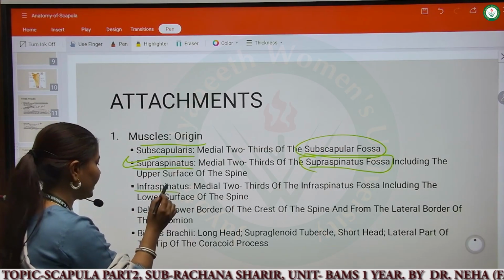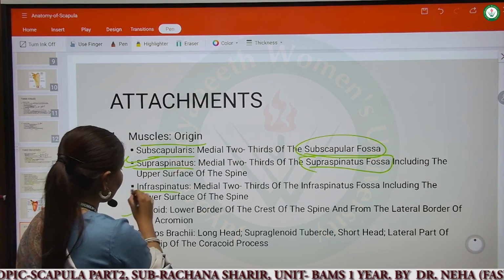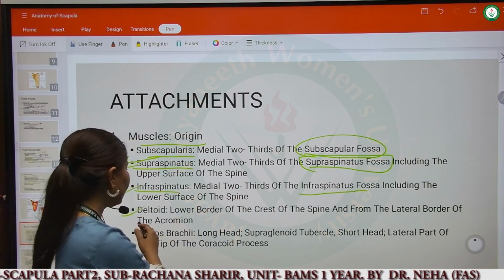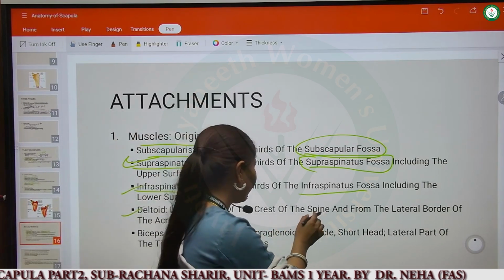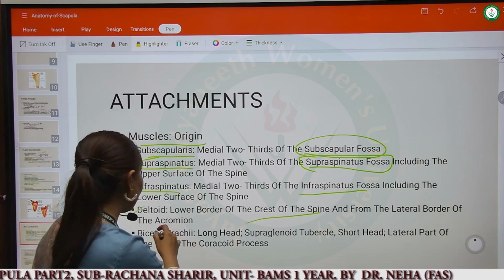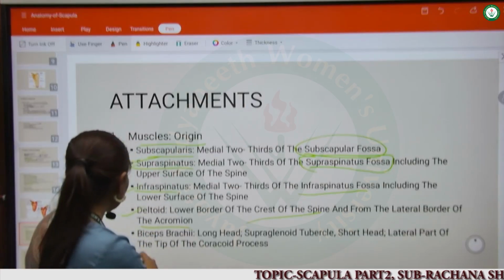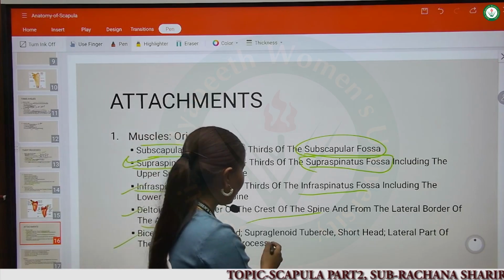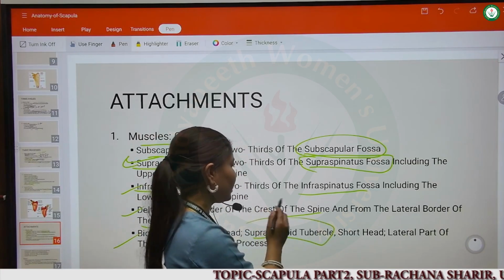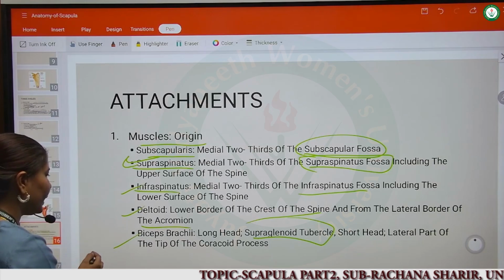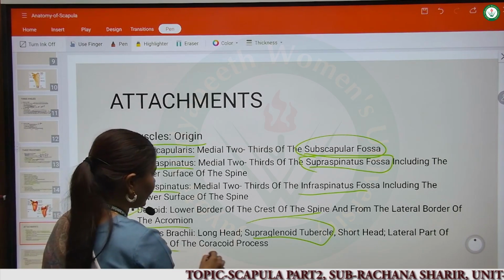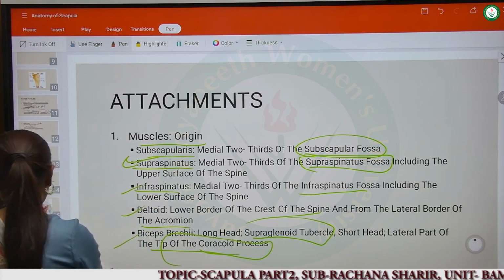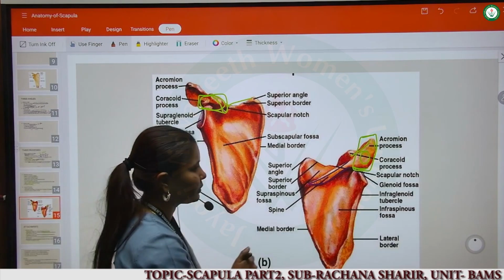Then infraspinatus muscle and deltoid muscle: infraspinatus is attached to the infraspinatus fossa, and deltoid is attached to the crest of spine and lateral border of acromion. Then fourth one is biceps brachii, which is attached to the supraglenoid tubercle, short head and lateral part of the tip of the coracoid process. So this is all about the attachments.